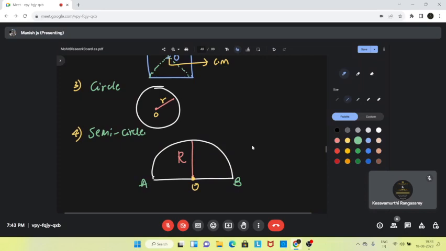The total radius is r, but for a semicircle, when you go halfway along the radius, that is where your center of mass is going to lie. So it is at a point somewhere in between here, that is r by 2.